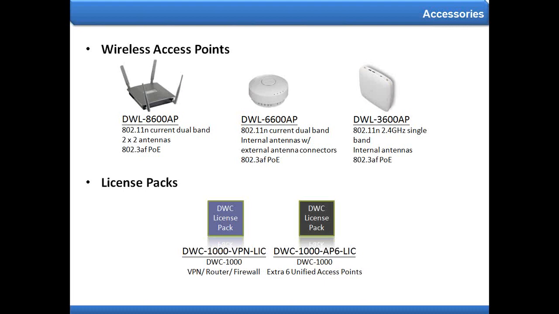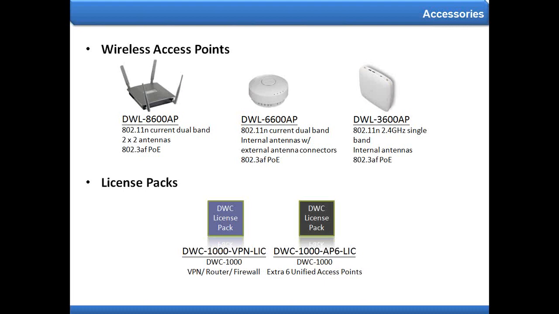Then we also have the DWL3600AP. This is a lower cost 802.11n, 2.4 gigahertz only, so it's a single band access point, which is also plenum rated to allow for the maximum installation options above or below plenum rated areas.